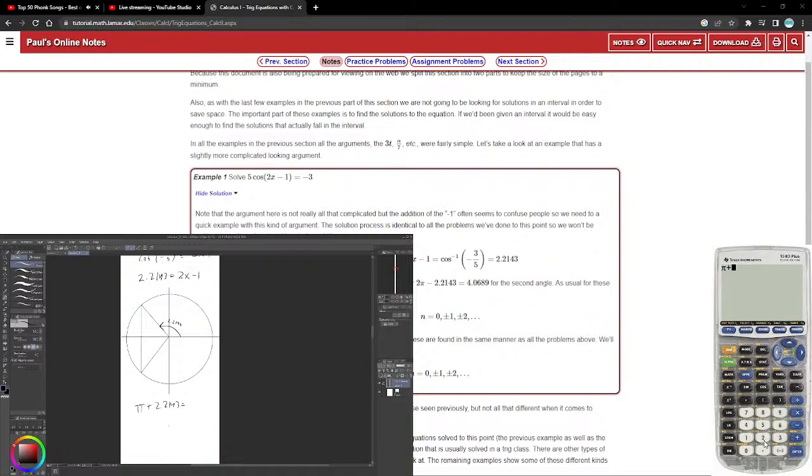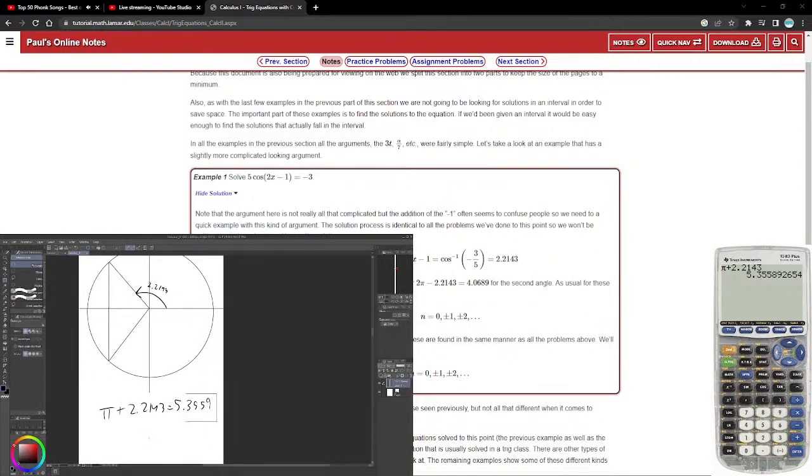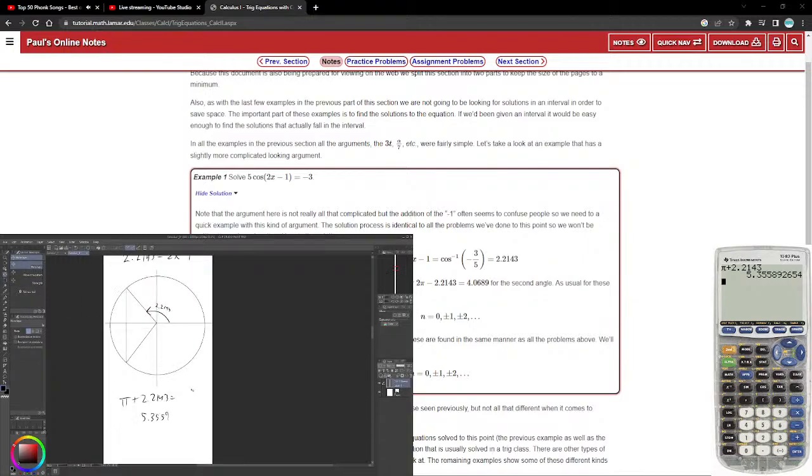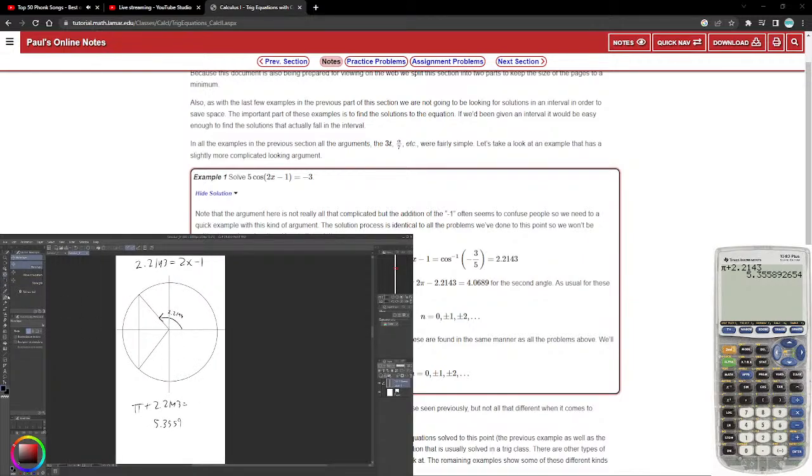Pi plus 2.2143, 5.3559. And that is from here to here.